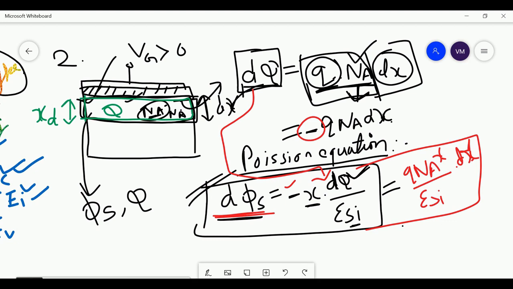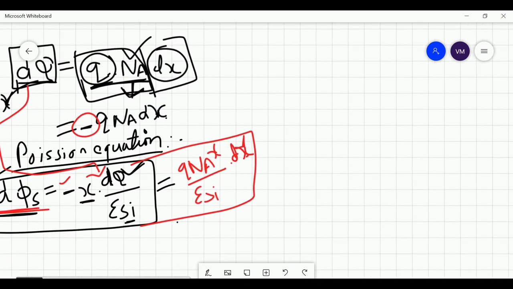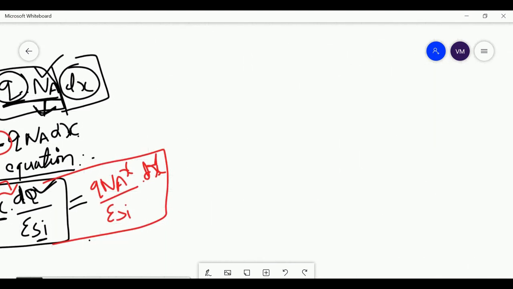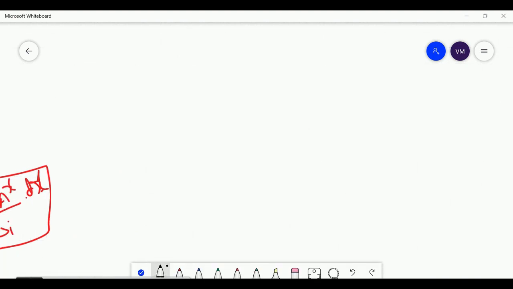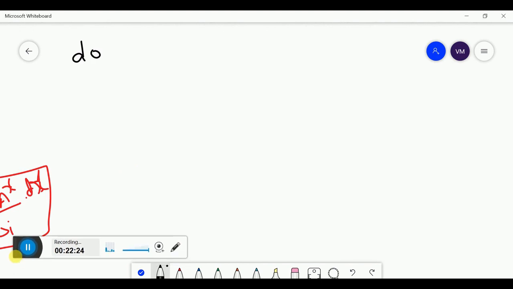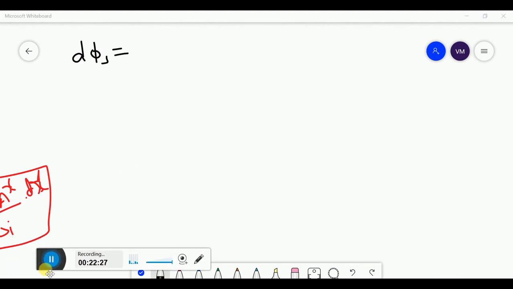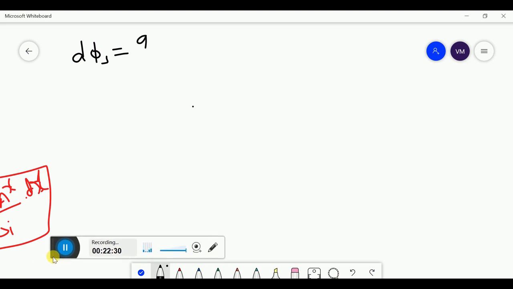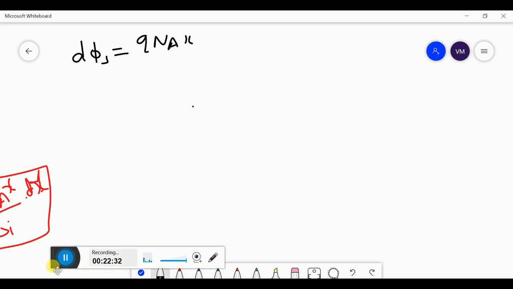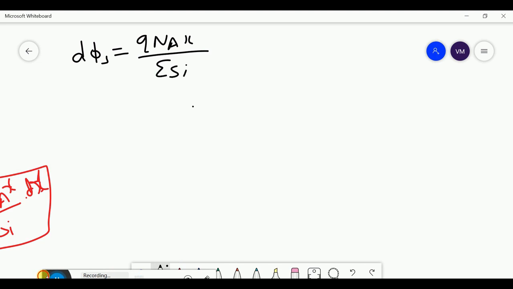Fine. So let us try to calculate it. What we'll do, we will integrate this particular expression. Let's do it. So again let me write that expression. The expression is d phi s equals q na x divided by epsilon si dot dx.